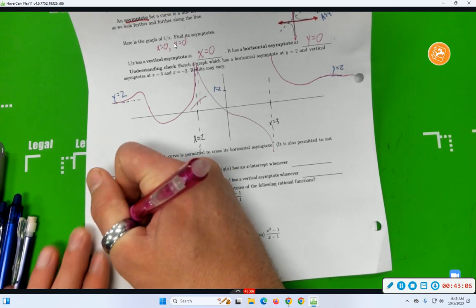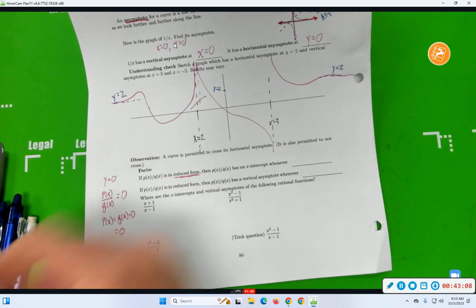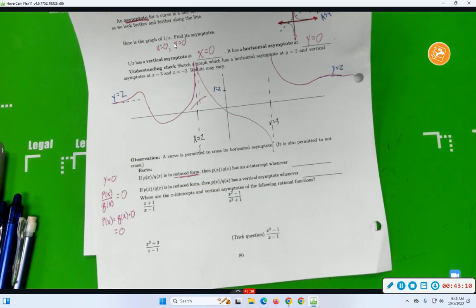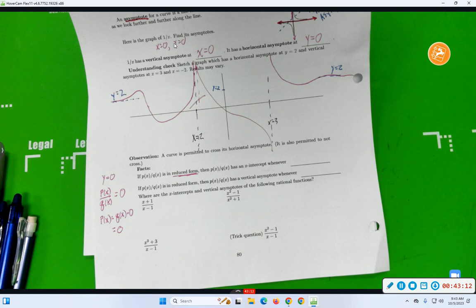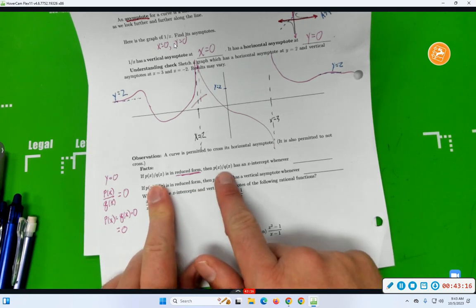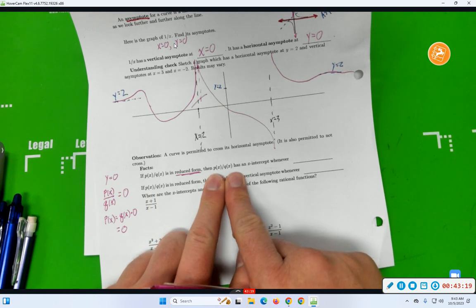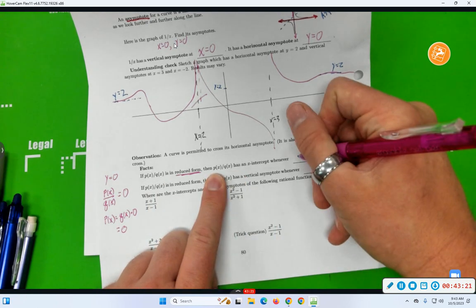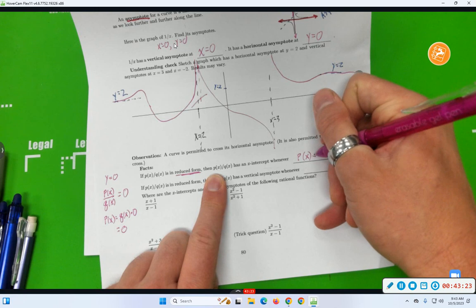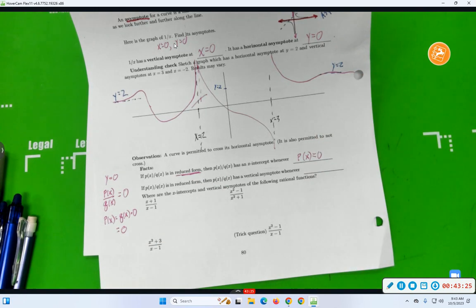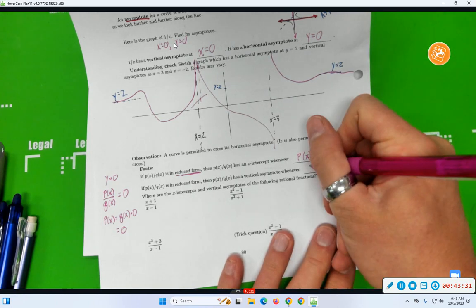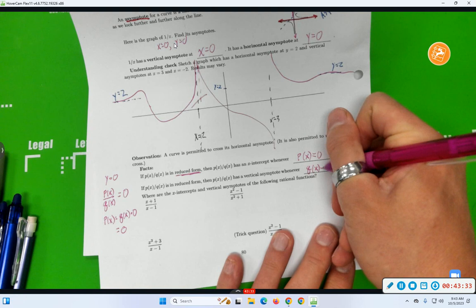What's anything times 0? 0. Unless that something doesn't exist, which is kind of what this in reduced form is. That's its job. So if you want to find the x-intercepts of p of x over q of x, just set the numerator equal to 0. Similarly, to find the vertical asymptotes, as is summarized above, set the denominator equal to 0.